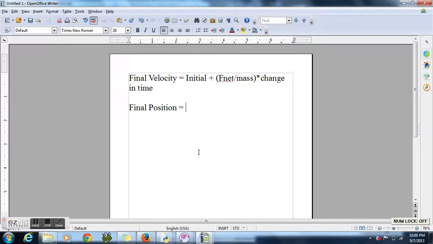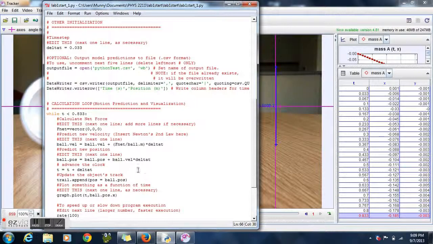The while loop reiterates this function over and over again until it reaches the final time value, 0.833 seconds, so that this updates the velocity and position at each time interval.